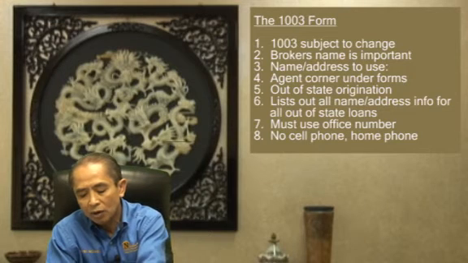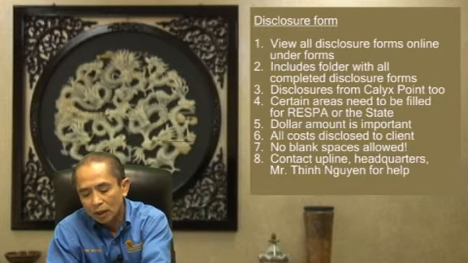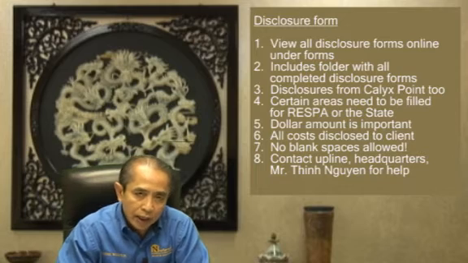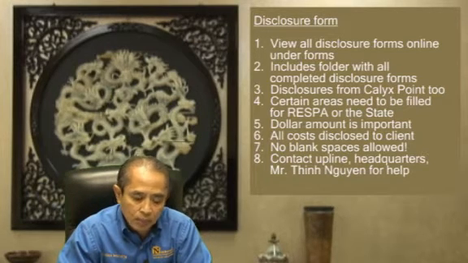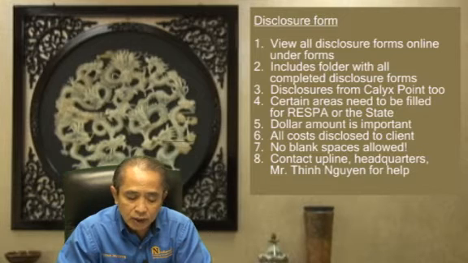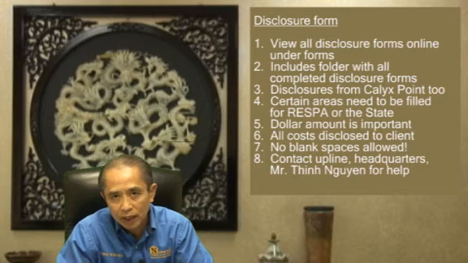Now, let's touch base on the disclosure form. Disclosure form, you can view all the disclosure on the website, mynlc.com, under form and under disclosure form. I also include a folder that has all the sample or completed disclosure forms on the left-hand side as well as right-hand side.